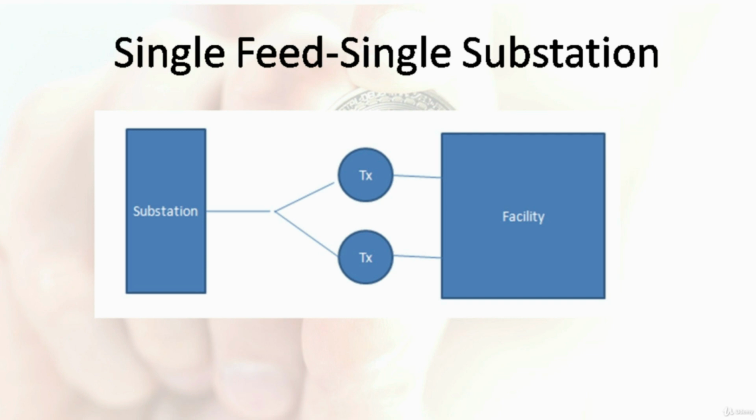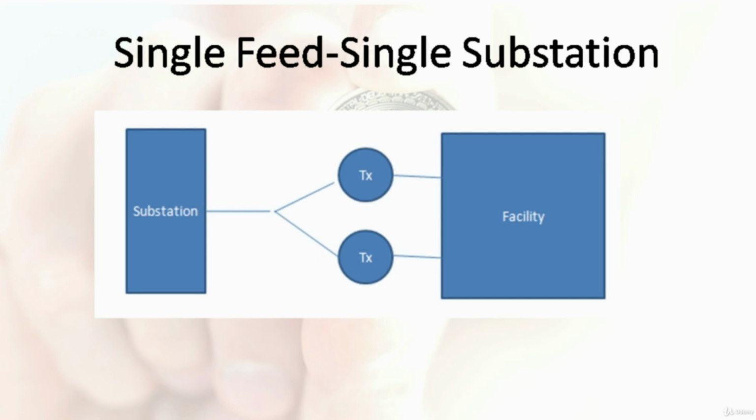In this setup, there is only one single feed from a single substation. The facility is then connected to several local transformers fed by the same source, giving the appearance of more than a single feed at the facility. This gives a false sense of security, as if anything happens to the main feed or substation, the facility will be without power anyway.